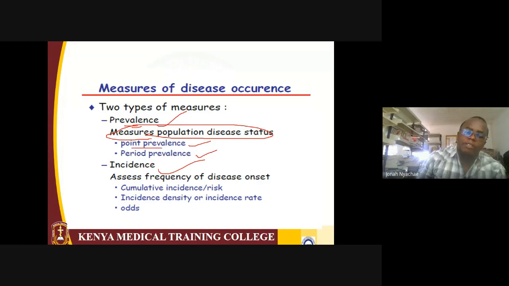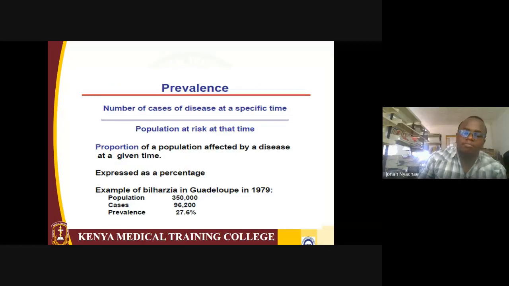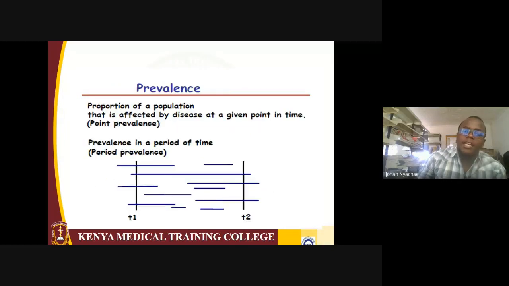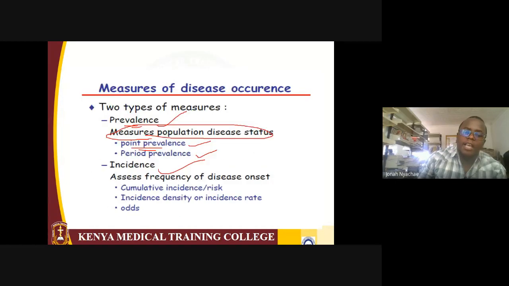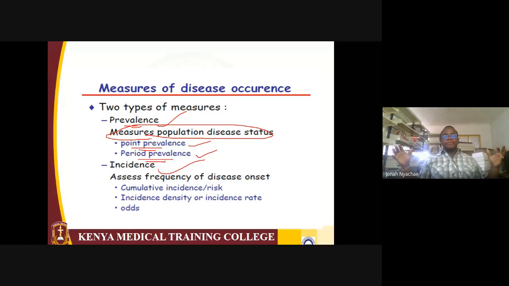The point prevalence is at that specific time when you just encounter them. The period prevalence is where you take the prevalence of a particular disease in a community over time.